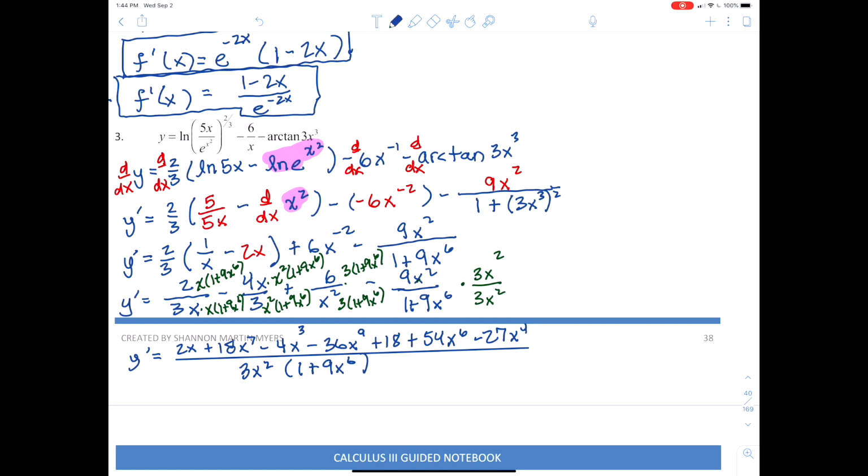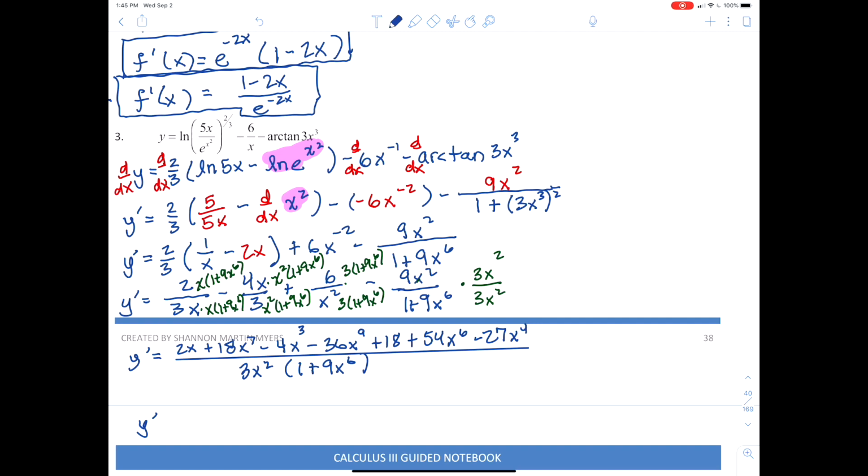And let's see, do we have any common terms? Now, the main thing would be to just rewrite it in descending powers. I mean, you can factor out a 2, but I really don't think that's going to help you.